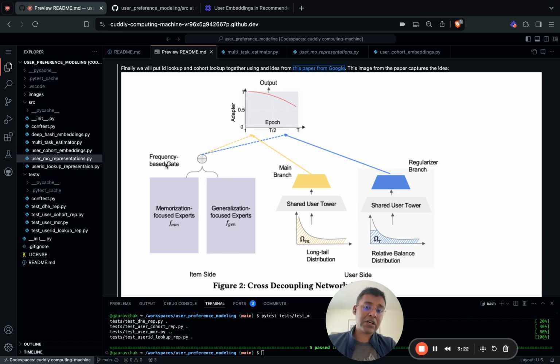And then based on user feature, they use something very specific called the frequency. They pick which one to use. And they also show where the memorization is being used more and where the generalization is being used more.